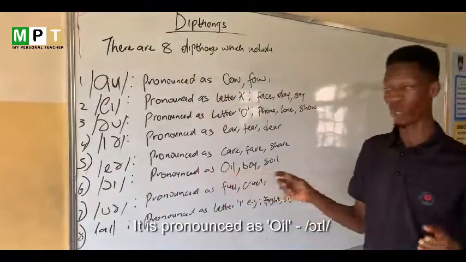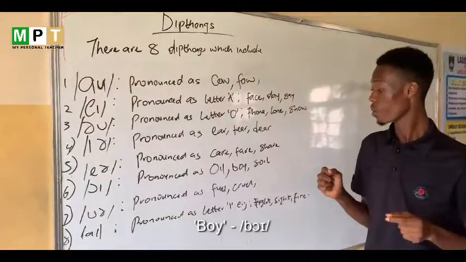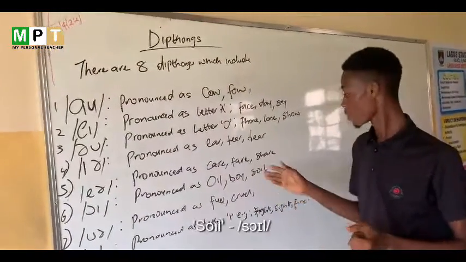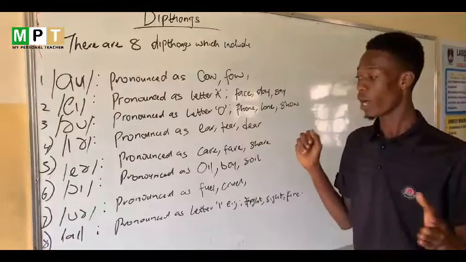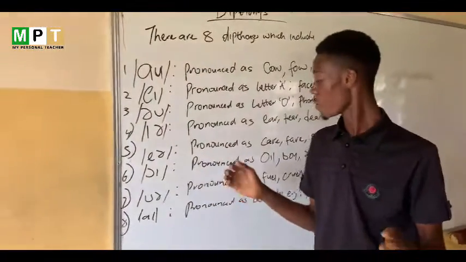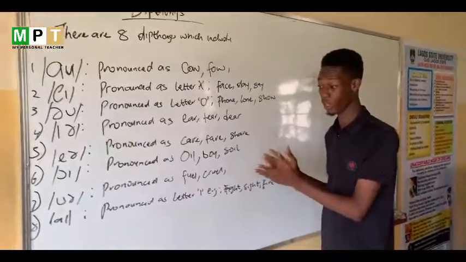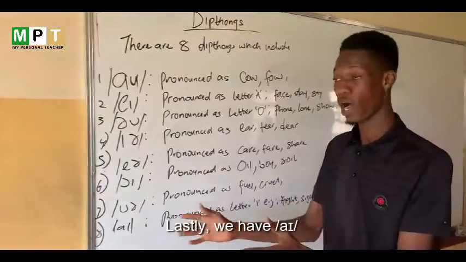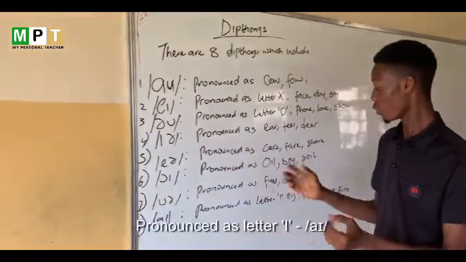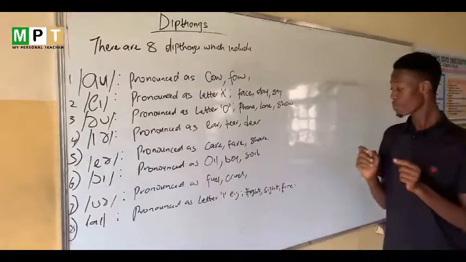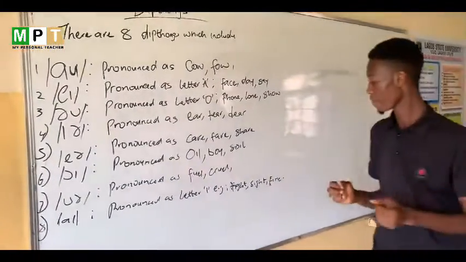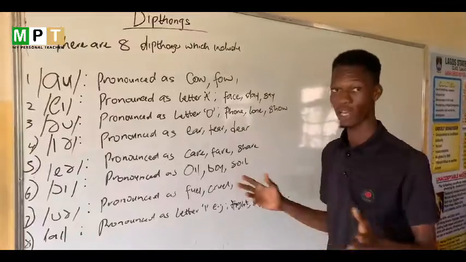It is pronounced as hoi, boy, soy. Another example is cruel, which is pronounced as cruel, etc. Lastly, we have high, pronounced as the letter I, e.g., fight, sight, fire.